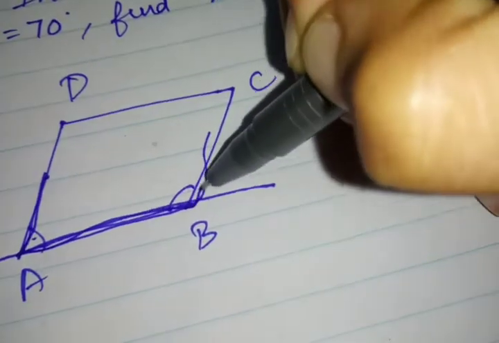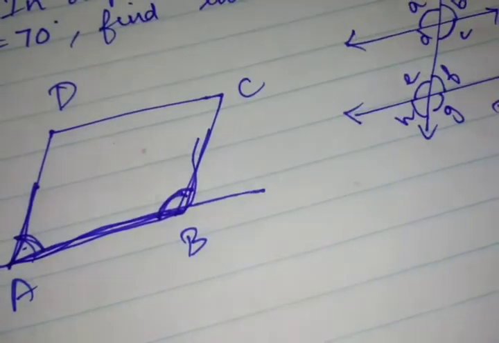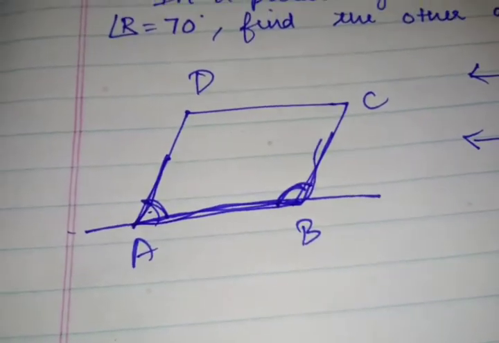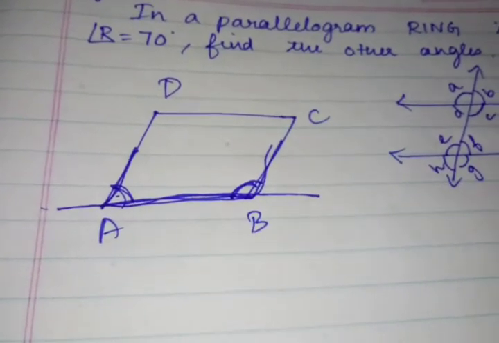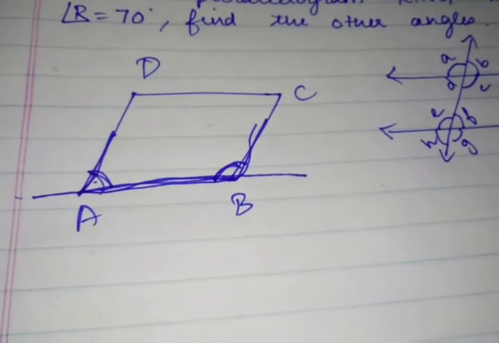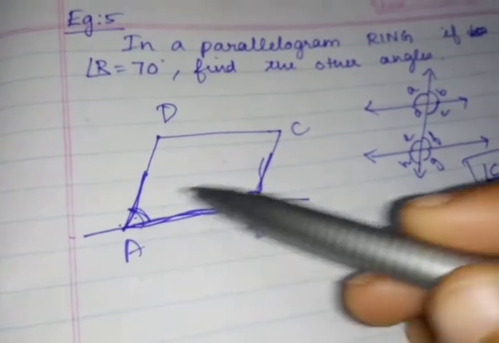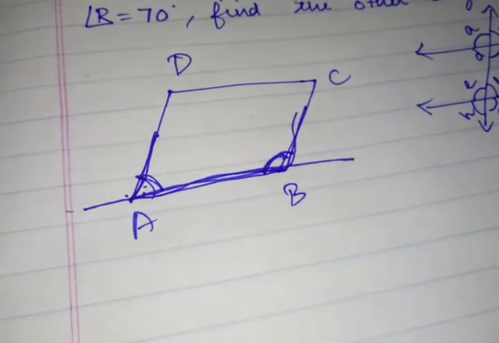This side and this side lie on the same side of the transversal. So these two angles, if you add, it is 180 degrees. So adjacent angles in a parallelogram are supplementary. Supplementary means if you add two angles, you get 180 degrees. Adjacent angles means near angles. So that is our concept.